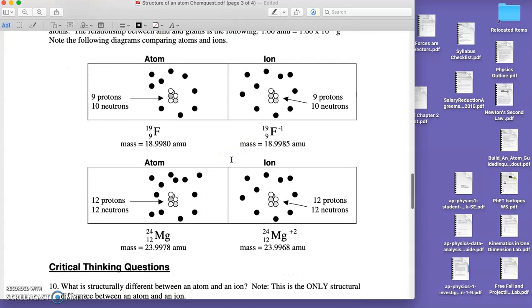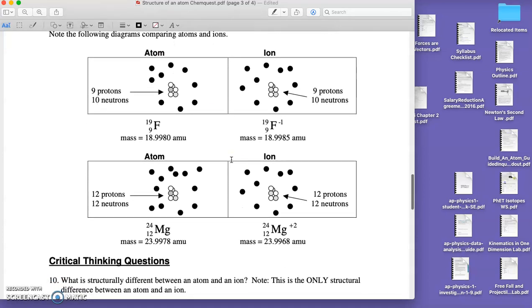So here we go. Let's look at AMUs and see if we can figure some things out. First off, we have the fluorine atom, 9 protons, 10 neutrons, and then 1, 2, 3, 4, 5, 6, 7, 8, 9 electrons. Then we have the fluoride ion, which has 9 protons, 10 neutrons, and 1, 2, 3, 4, 5, 6, 7, 8, 9, 10 electrons.